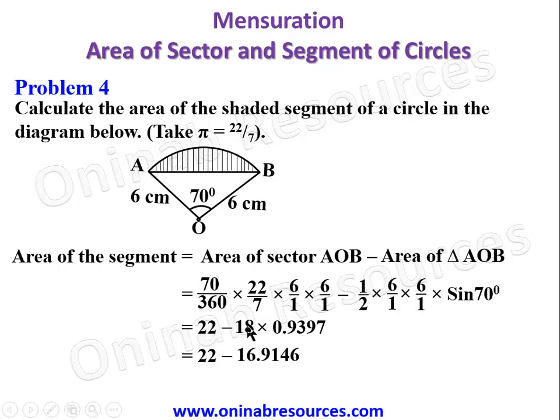From calculator, I have 18 times 0.9397 to give me 16.9146. Then finding this difference, I have 5.085 square centimeters, which represents the area of this shaded segment of the circle. And that is the end of solution to problem 4.